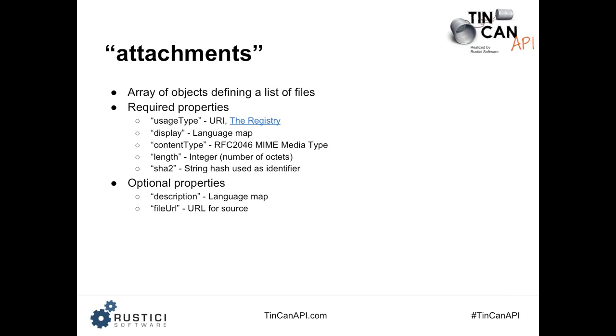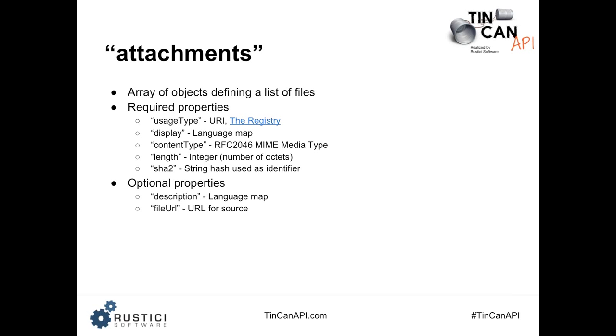One more property of a statement that's getting a lot of attention, I think, or at least more attention recently, is the attachments property. The attachments property allows us to define a list of files in an array that will be attached along with the actual JSON body of a statement. Within that array, there is a list of objects, and they have required properties.